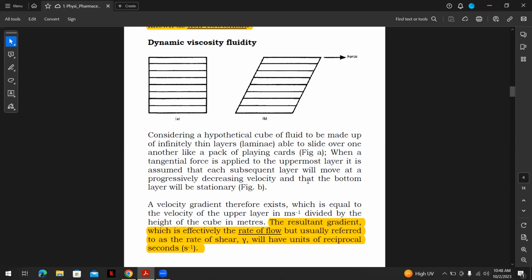So when a force is applied to the uppermost layer, it is assumed that each layer will move at a progressively decreasing velocity and that the bottom layer will be stationary. That is what this paragraph is basically saying.